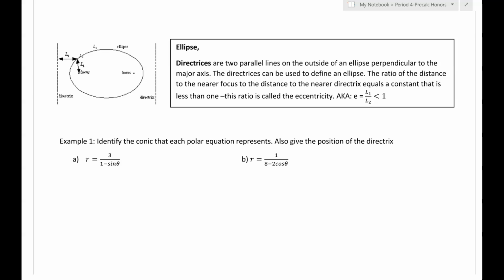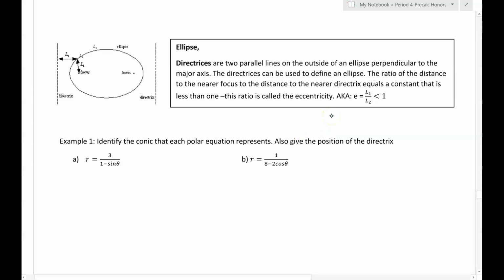All right, so we use one of the directrices to define an ellipse. The ratio of the distance to the nearer focus, so pick a focus and pick a point, to the distance to the near directrix equals a constant that is less than 1. This ratio is called E, which is eccentricity.